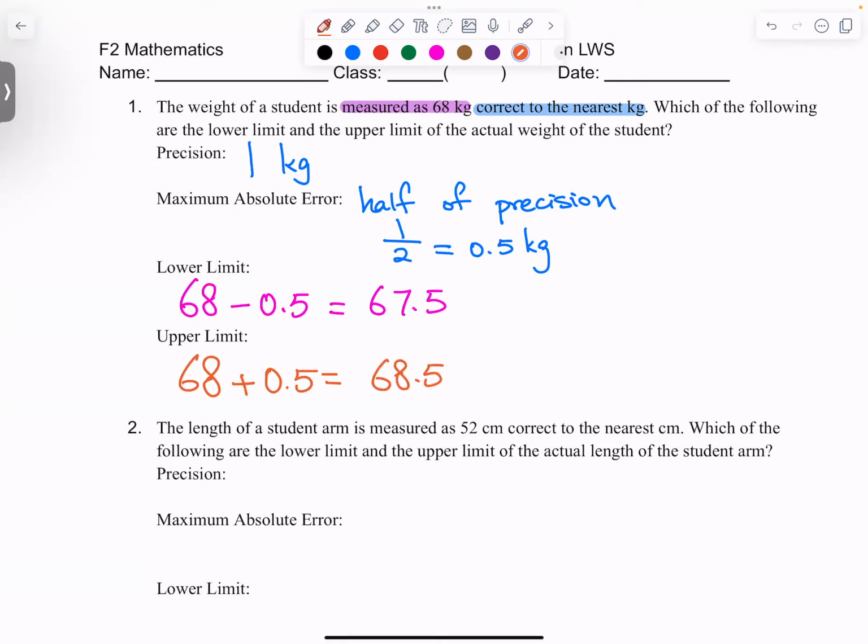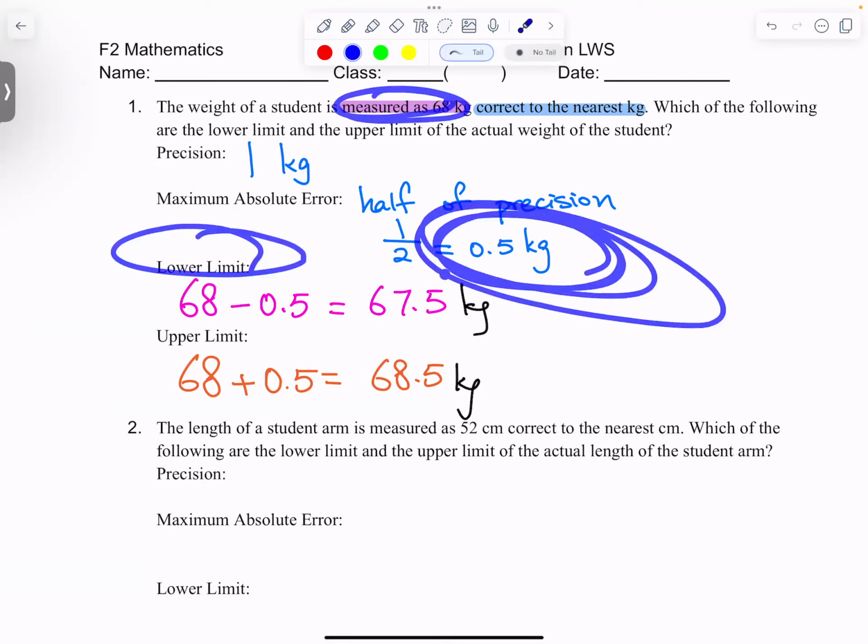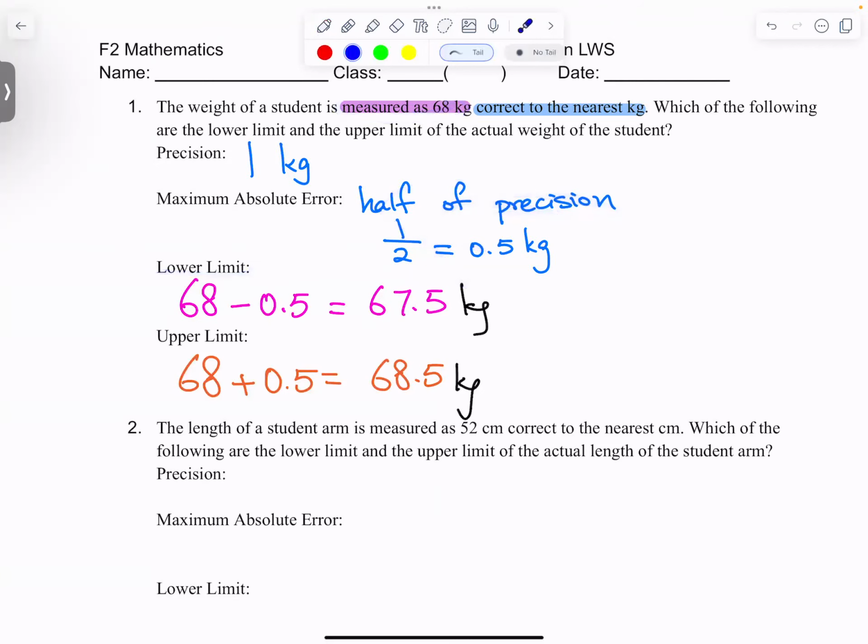So the limits are between measured and the MAE only. M for M: measured plus, because it's upper now, the MAE. Okay, too easy? Of course it's easy.